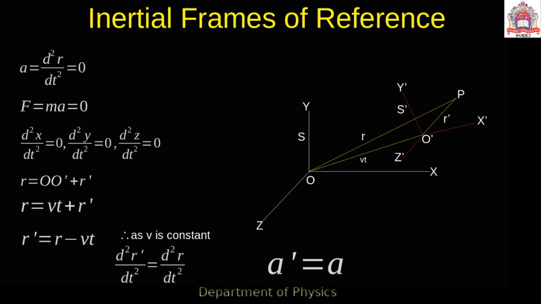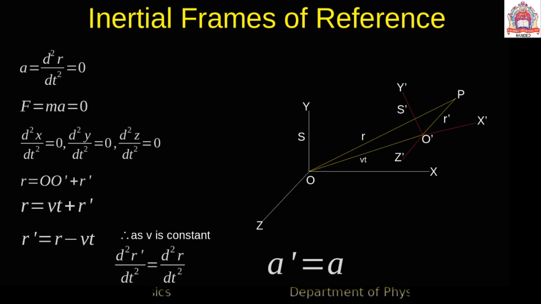It is also clear that the law of inertia is valid in all those reference systems which are moving with constant velocity relative to the absolute system. Hence, all these frames of reference are inertial.